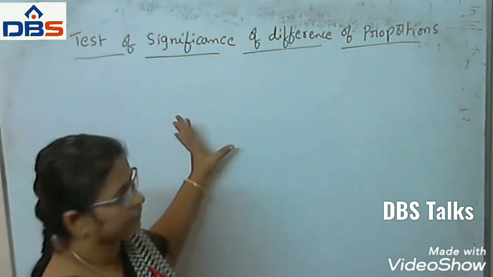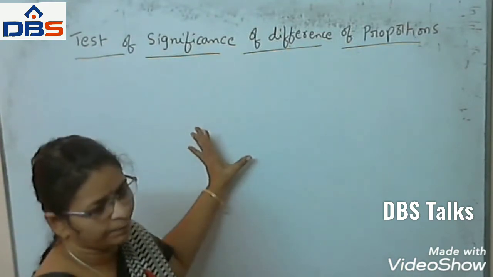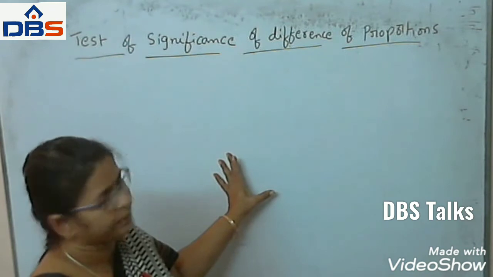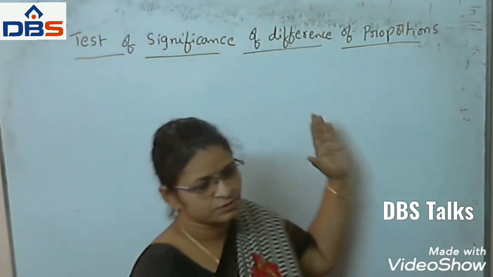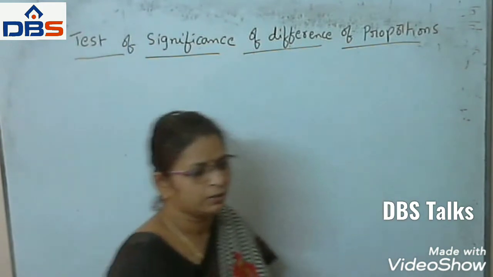That means we take two samples from the population. Now we are going to test whether the two sample proportions are equal or not.